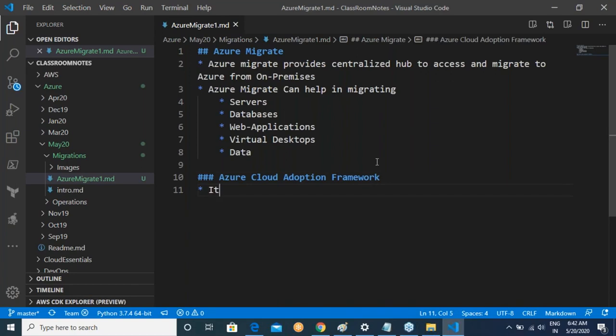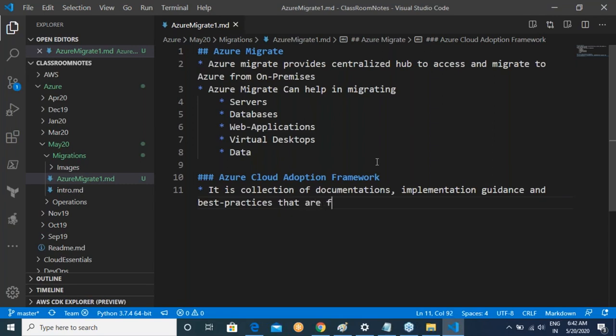It is a collection of documentation, implementation guidance, and best practices from Microsoft to ensure customers accelerate, or increase the speed of, the cloud adoption journey.